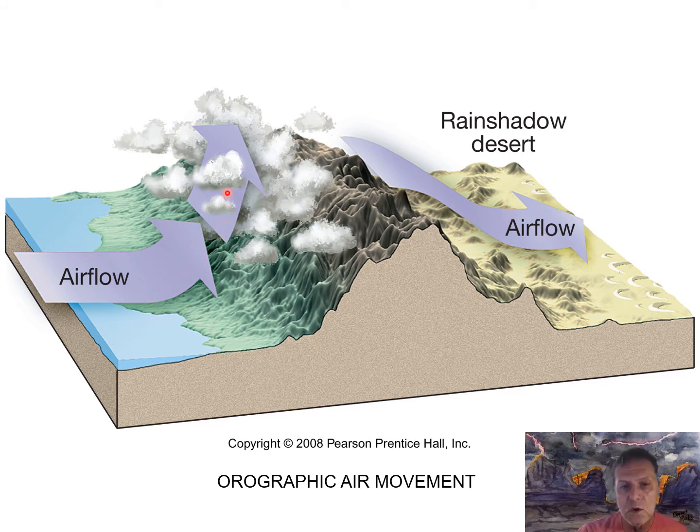So rising, cooling, wet air releases its moisture through condensation, and it gets over the other side of the mountains. It's drier air, and it sinks into the desert valleys as dry air, and that's what causes what we call a rain shadow desert.